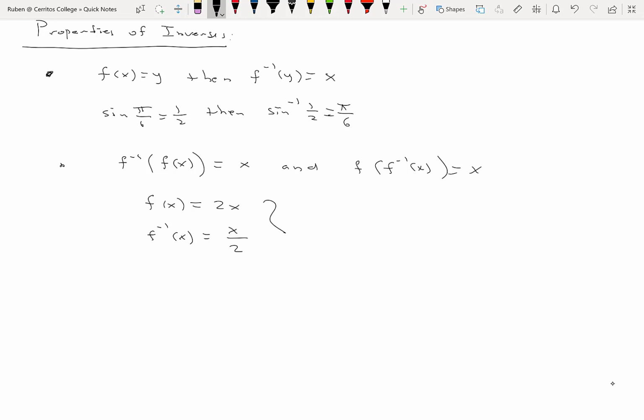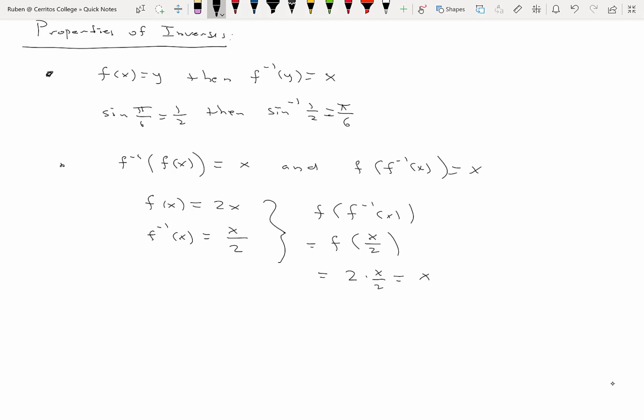I'll do one of them. f of f inverse of x is f of x over 2. The function takes whatever you put into it and doubles it. So 2 times x over 2 equals x. So f of f inverse of x equals x.